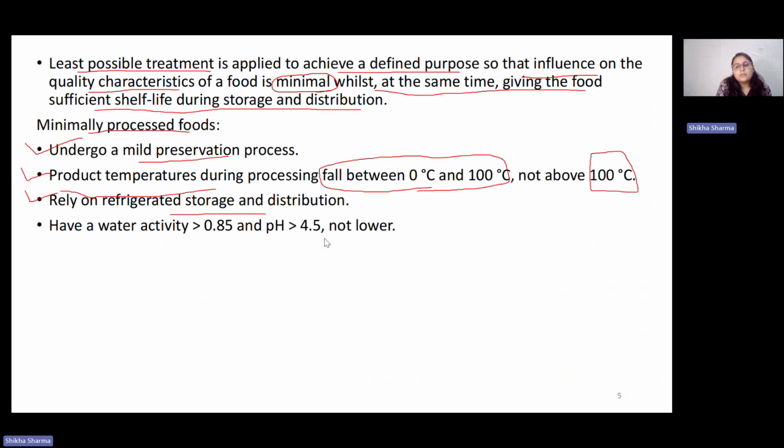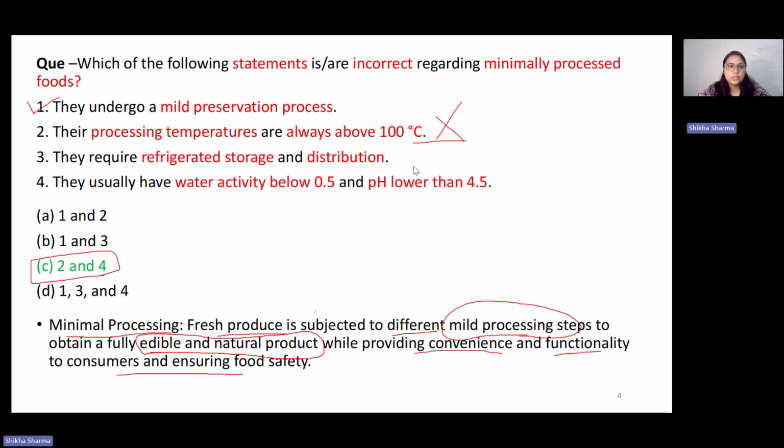We can apply heat and then store the food product in refrigerated storage conditions, and we can change the water activity and the pH, so that all these preservation techniques are applied at a mild level so that the product quality will not be hampered that much, and we can achieve the desired shelf life and killing of the desired level of microorganisms. So it relies on refrigerated storage and distribution, which is correct, statement 3.